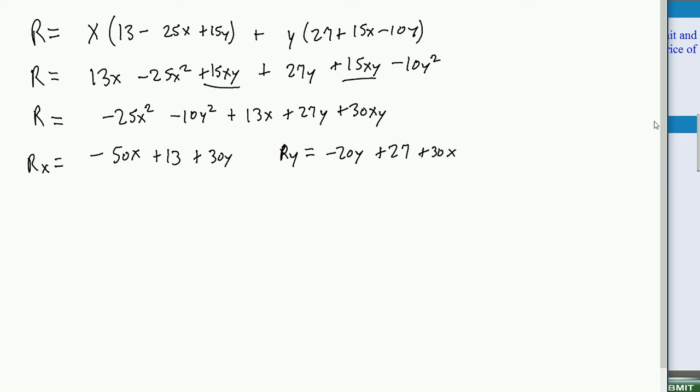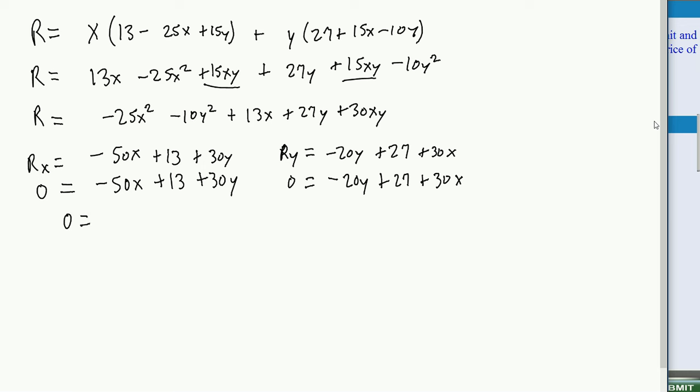Okay, set those equal to 0. Now we have the situation where you have both x and y in the equations. So you're going to have to do, again, some algebraic method to solve for x and y. I'm going to use the elimination method, just like I did several problems ago where we had to solve for x and y this way.